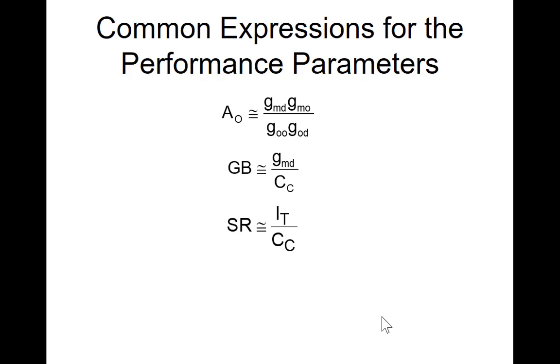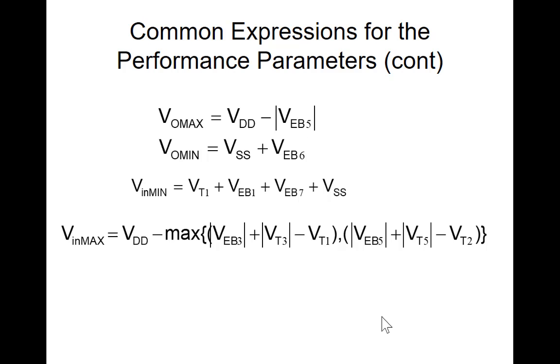Common expressions for the performance parameters: the DC open loop gain is GMD GMO over GO GOD. GB is GMD over C sub C. Slew rate is I tail over C sub C. And we have these signal swing expressions as well.